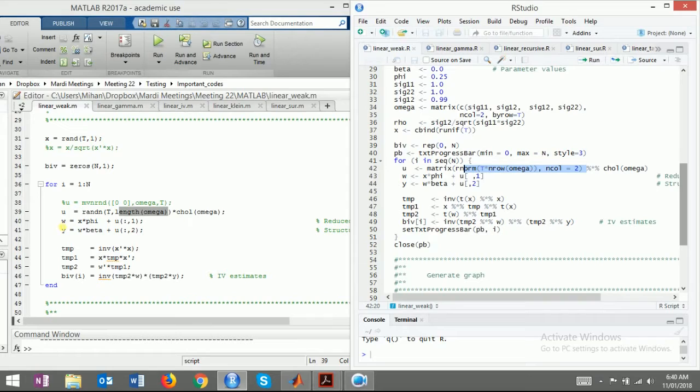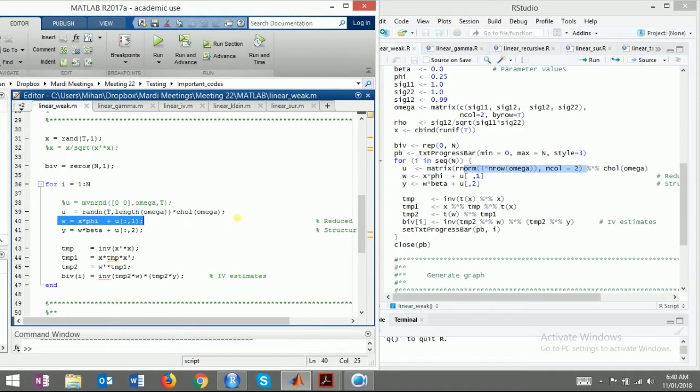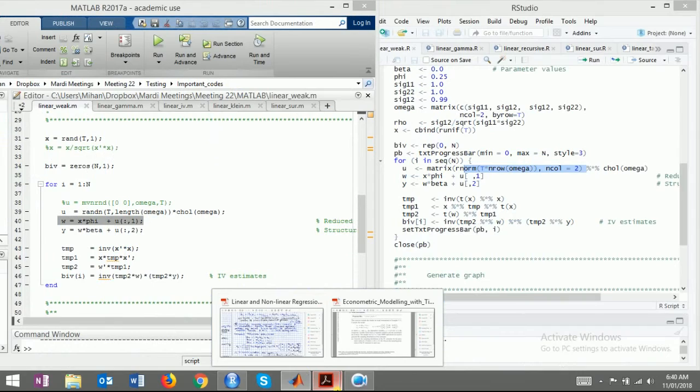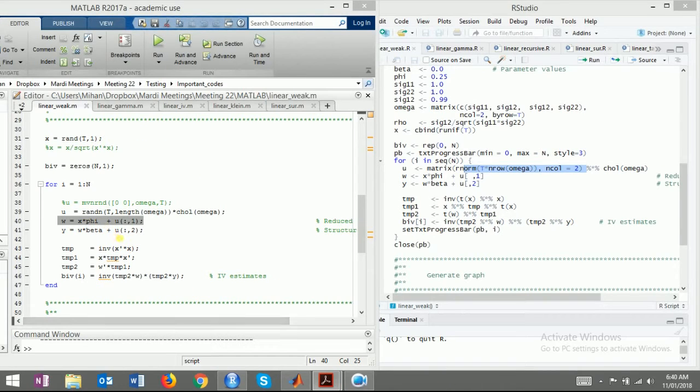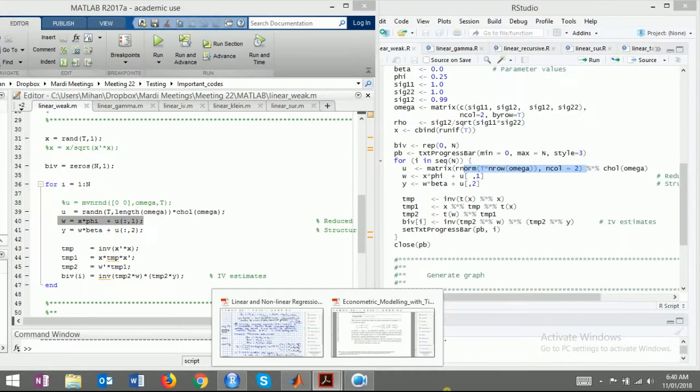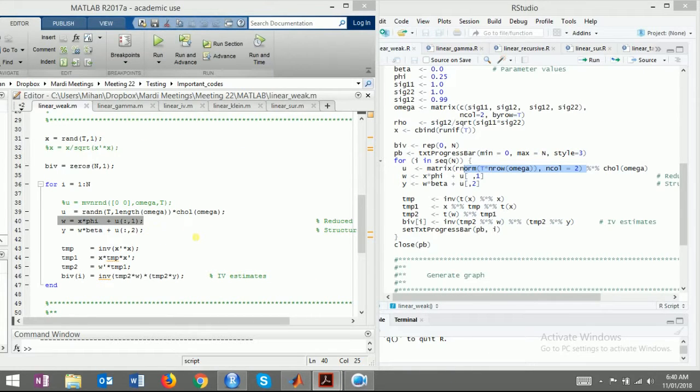So W, which is necessary, is y1; instead of W you can mention y1. What was the equation? Equation x, right? So W is y2, which is x phi plus u1, all rows of the first column.